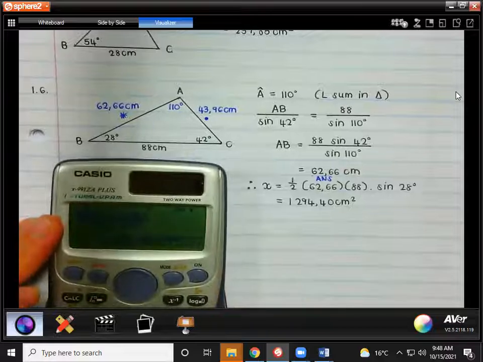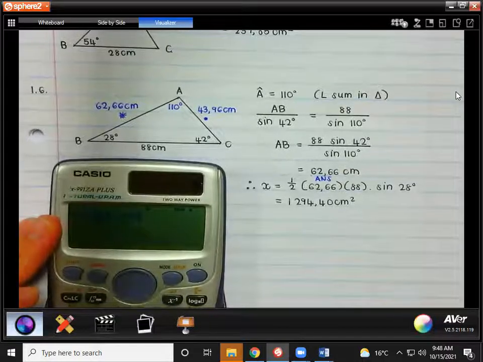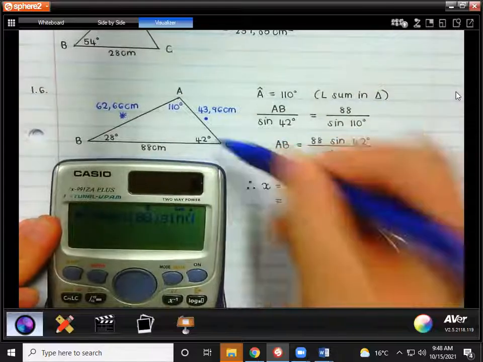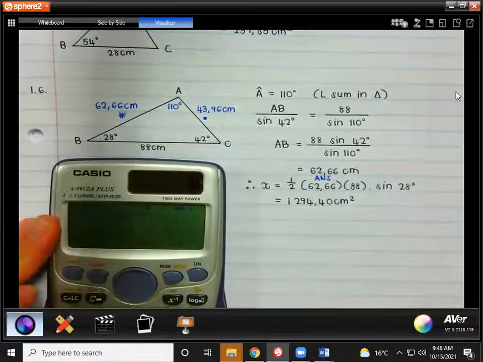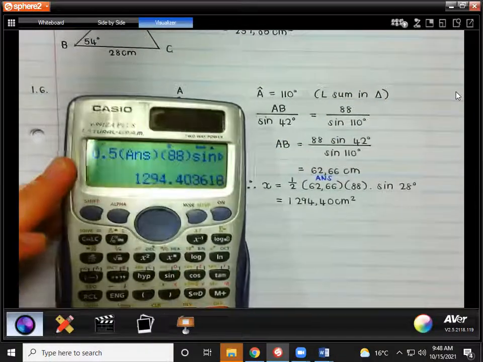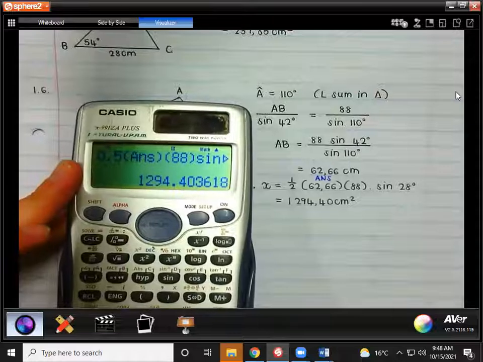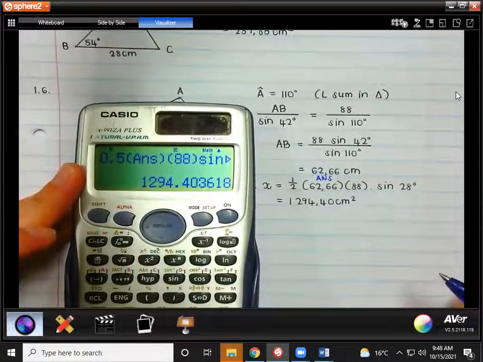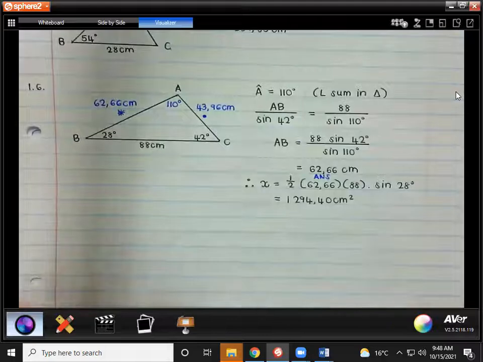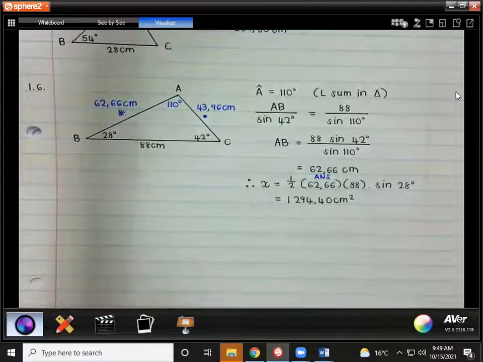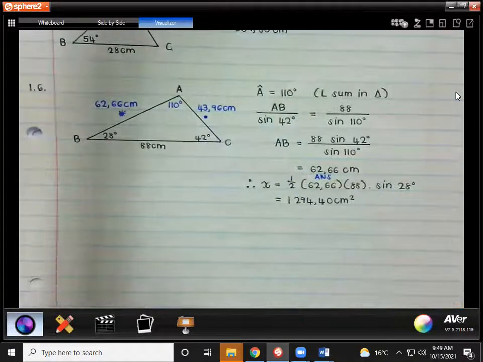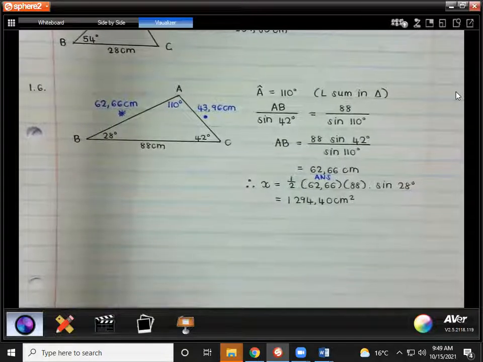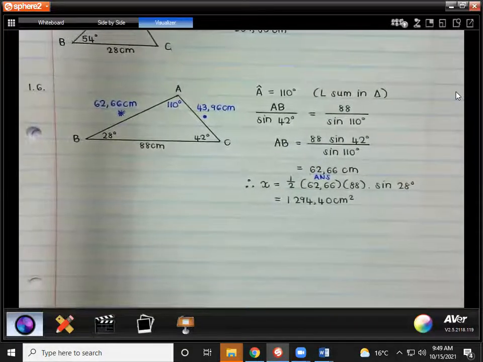Then you would do 0.5 times the answer times 88 times sine of 42. Yeah, so it does get to the same answer. So if you work with AC instead, you still get the same answer and you will get full marks, obviously, because it's a perfectly fine method.